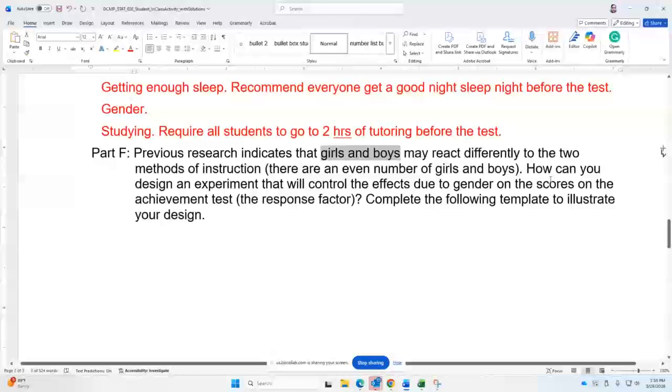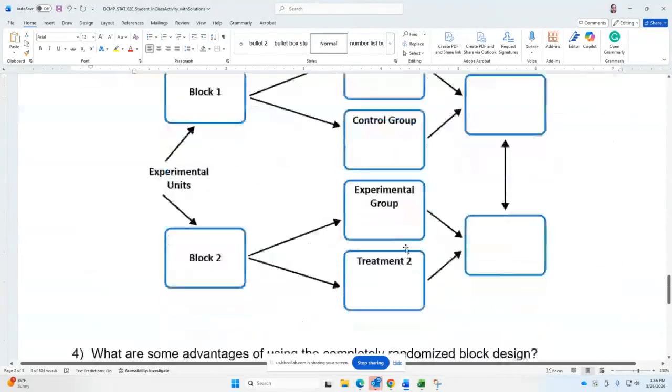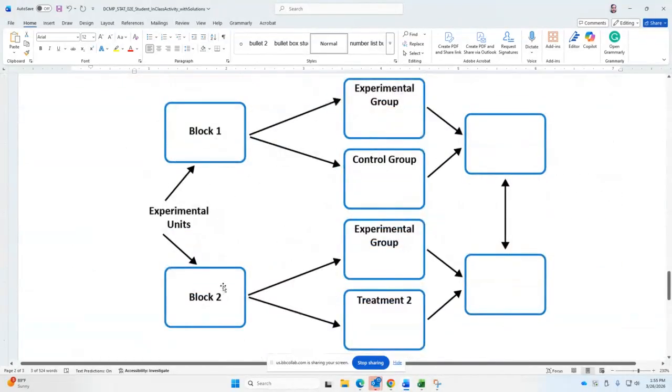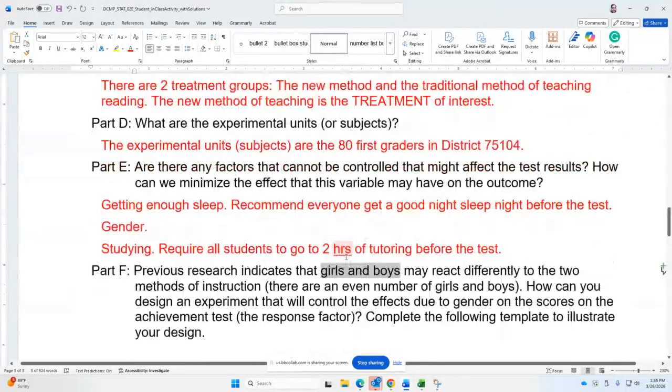How can you design an experiment that will control the effect due to gender on the scores on the achievement test, or the response factor? Complete the following template to illustrate your design. So here we have block 1, block 2. So we have an equal number of boys and girls.